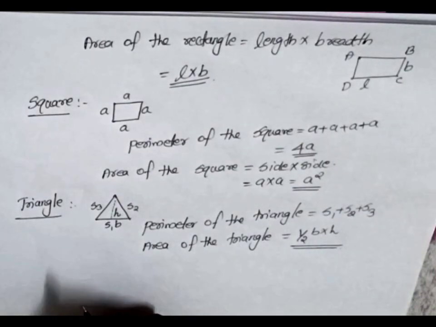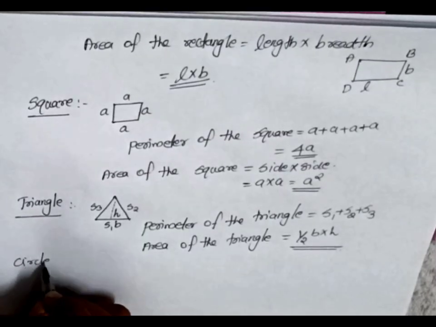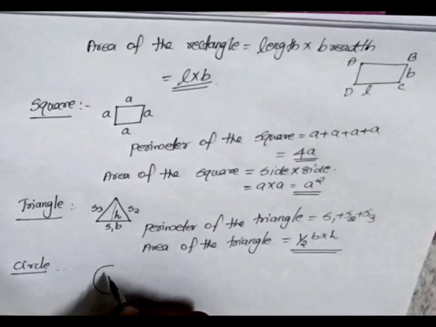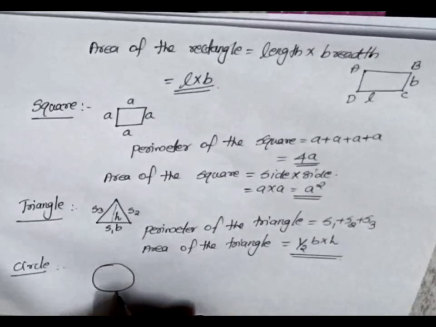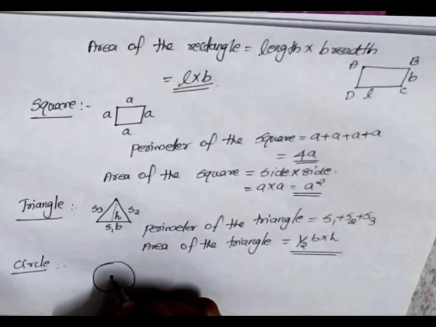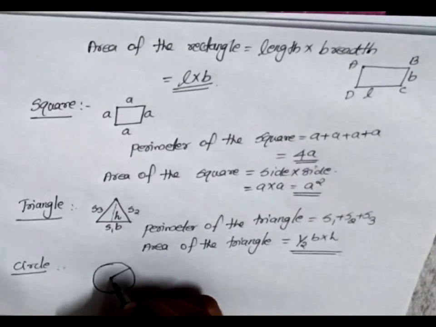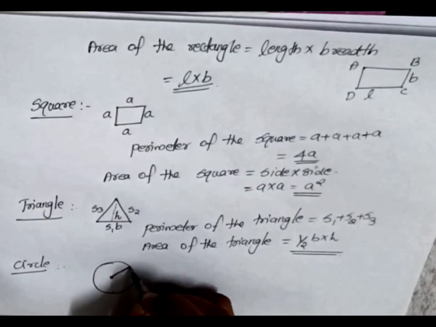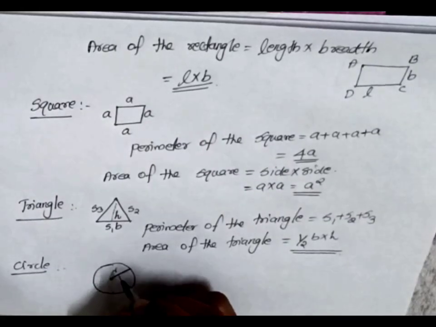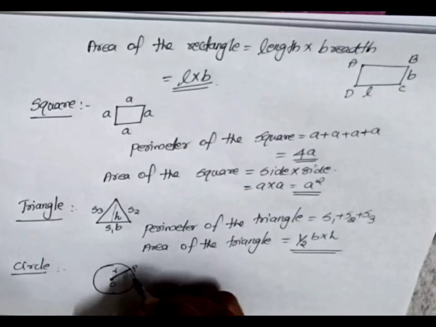Next, we have to consider a circle. In the case of circle, we know that circle has a center and it makes an equal distance from all points of the circle. Here we draw a line segment from the center to each point of the circle, called the radius. Here O is the center and OP is the radius of the circle.